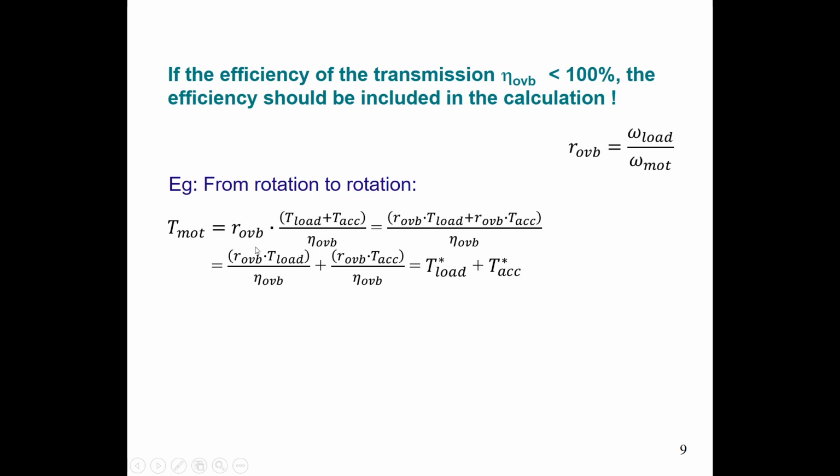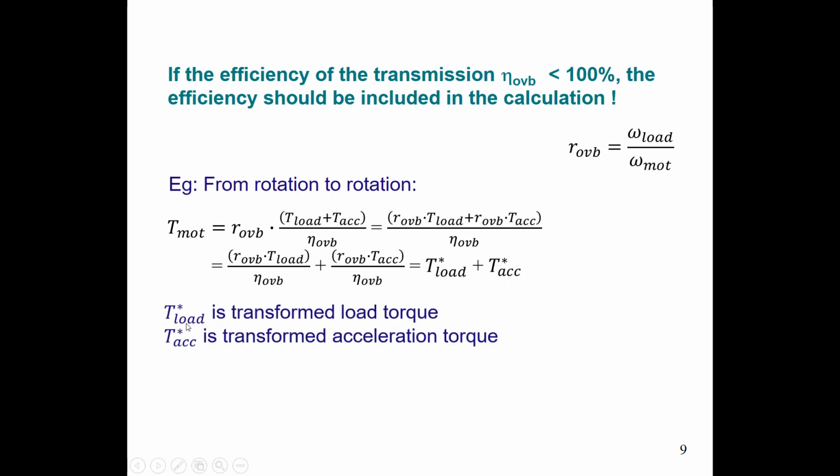And when you work that out, you can see that you get T motor equals T star load plus T star acceleration, where T star load is the transformed load torque, and T star acceleration is the transformed acceleration torque.